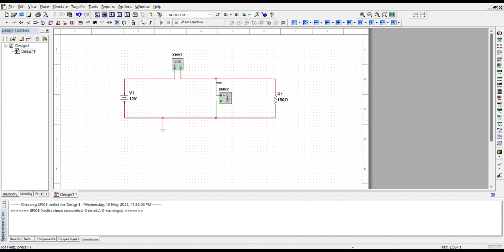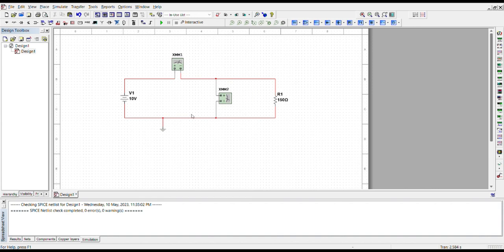Then we connect parallel with the second multimeter here, which will measure the voltage, and also parallel with the load here, the last one, and the load value is 150 ohm. The load will be our manipulated variable because we will change the value to 300 ohm and 1 kilo ohm.